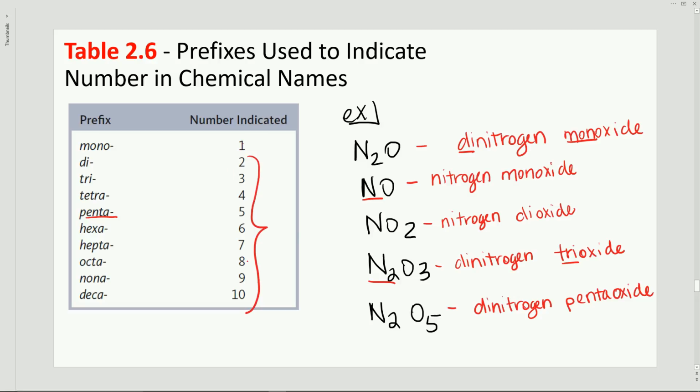So 2 through 10 or higher, you would need to use the prefix for the first atom. The second atom is named as if it were an anion. So remember, anions are named by using the root of the element and adding IDE. Okay, so those are the rules for naming compounds.